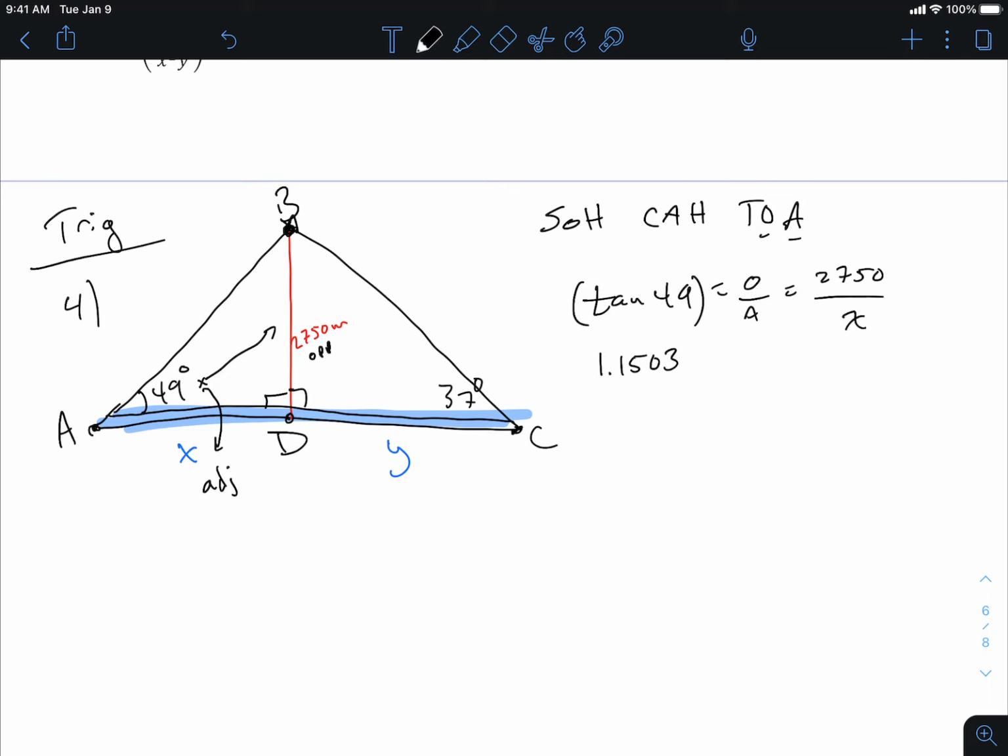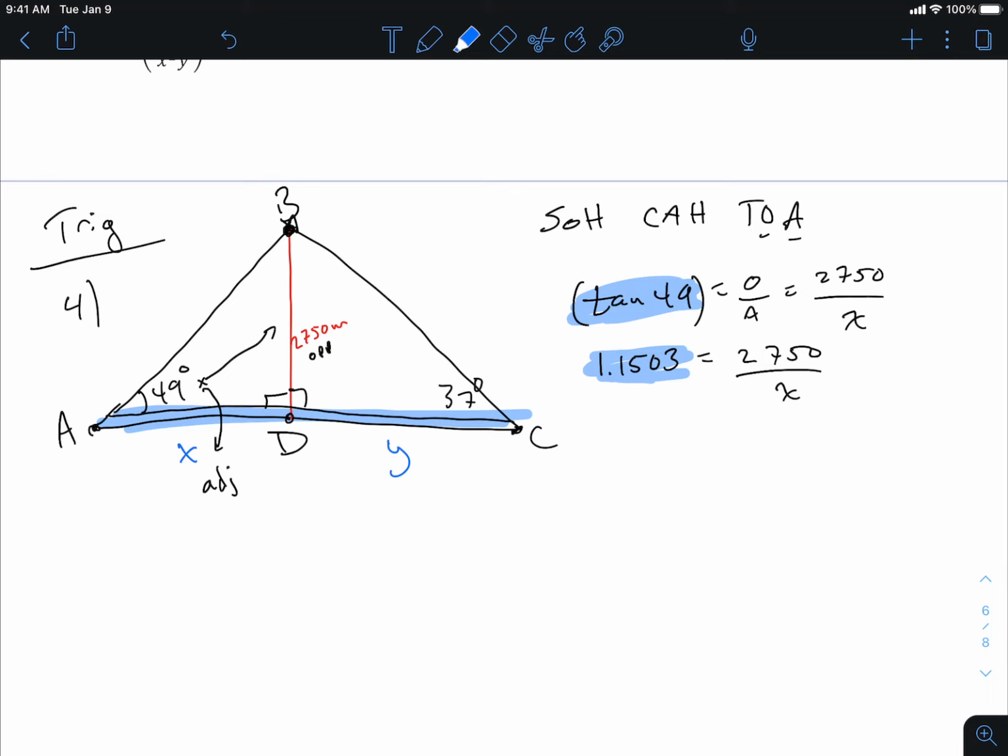Okay, that's equal to 2,750 over x. All I did was find this number. I went to 49 on the trig table and read over to the tangent column, and I got that number, or something very close to it. It might not be exact.